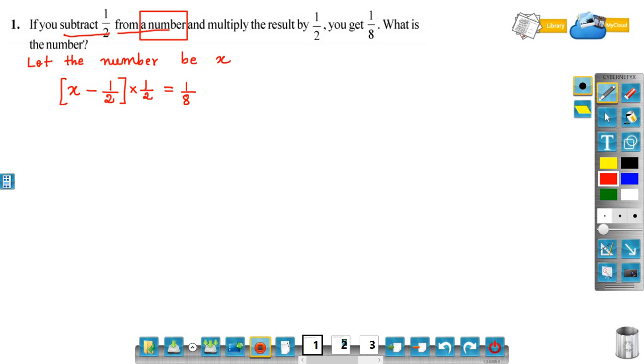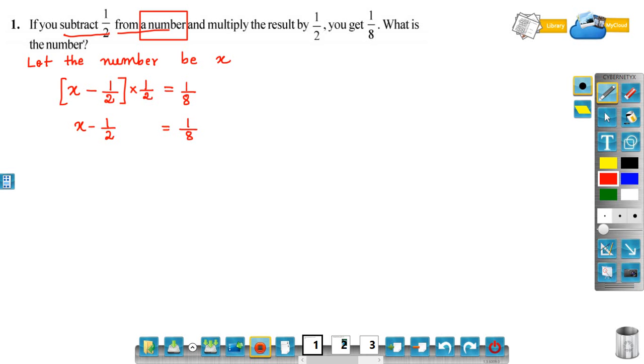Now we have to solve this equation to get the value of x. You have to use the transpose method to solve this. First move half to the right side, so that x minus half is equal to 1 by 8.